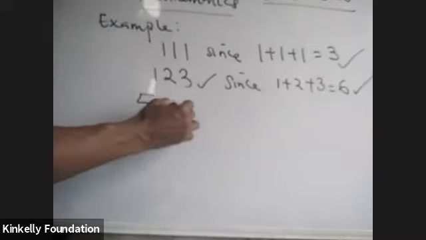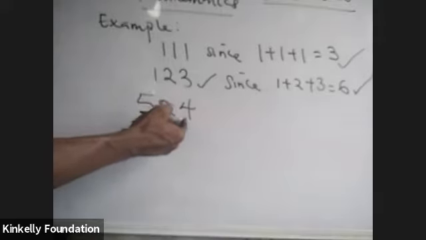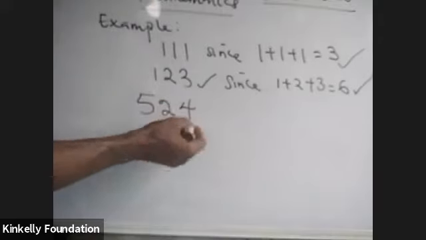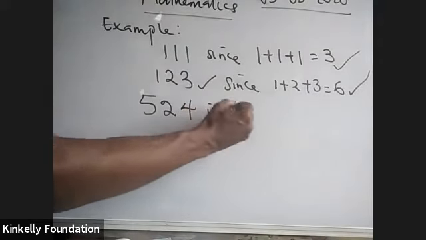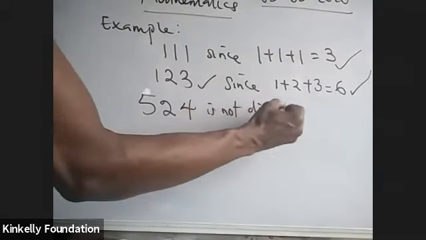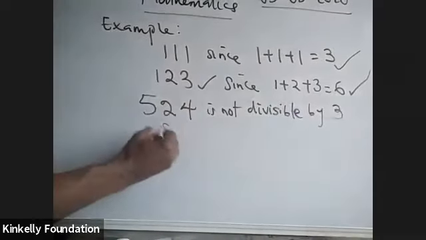Let's look at higher values. 524. This is 5 plus 2 is 7, plus 4 is 11. It cannot be divided by 3. It's not divisible by 3.